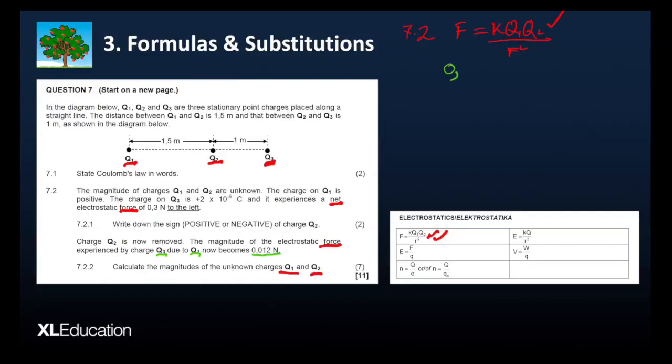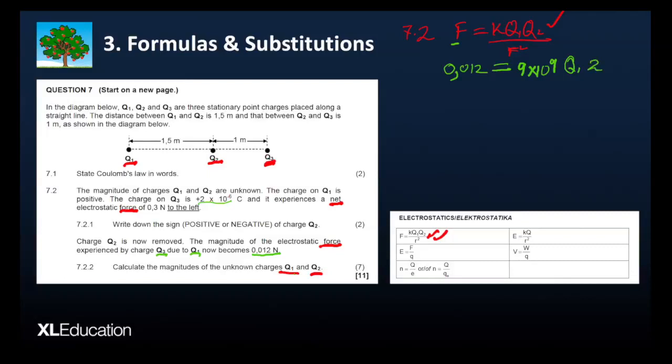We substitute 0.012. That is the force given. This is equal to K, a constant that will be provided on your formula sheet. That is 9 times 10 to the power 9. The one we want to calculate is the unknown charge Q1. So we don't know our Q1, but Q2, we know it. Q2 is 2.0 times 10 to the power minus 6.